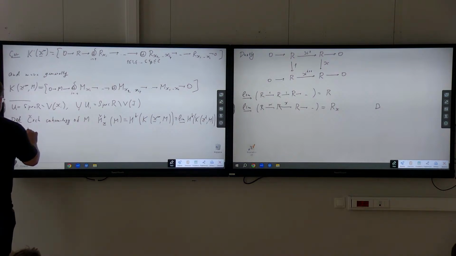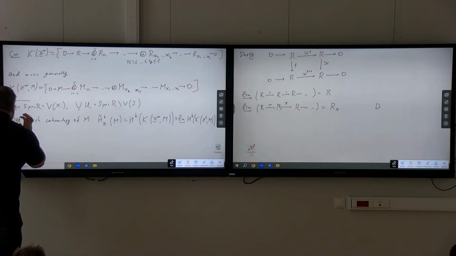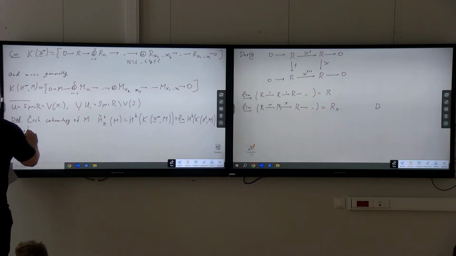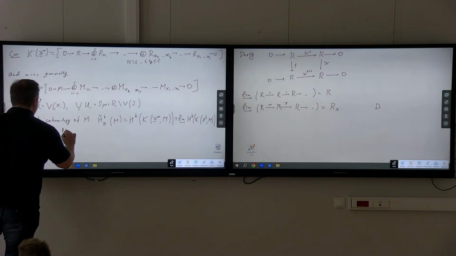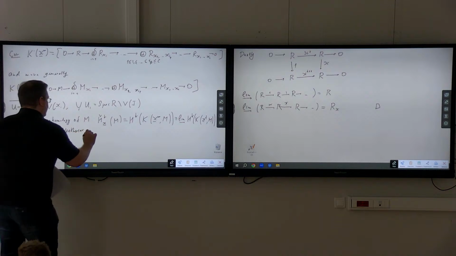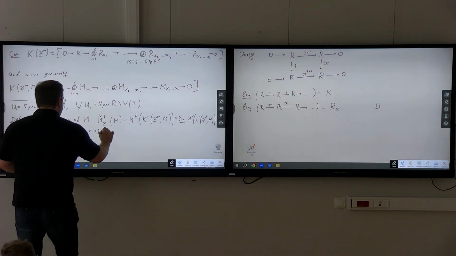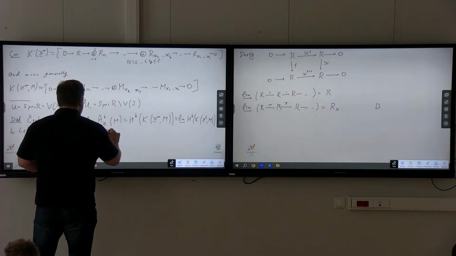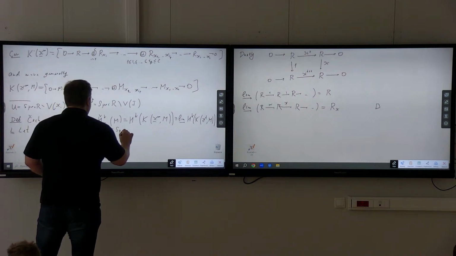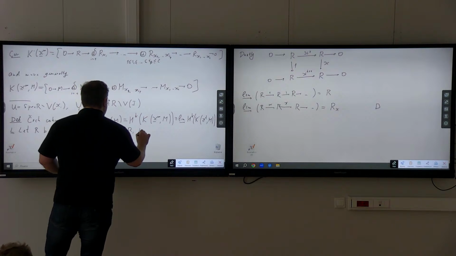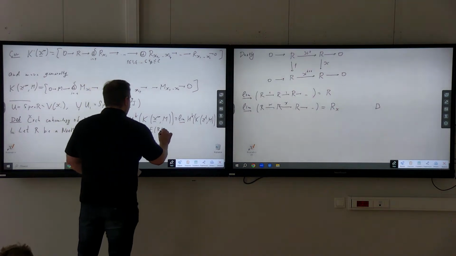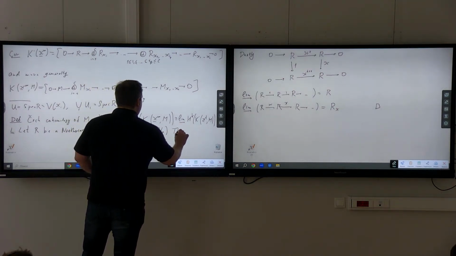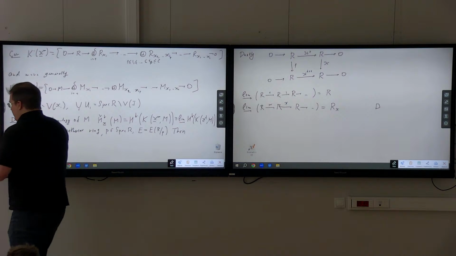So let R be a Noetherian ring. Take some prime ideal P in the Spec R, and set E to be the injective hull of the R module R/P. Then, about this E, we have two relations.